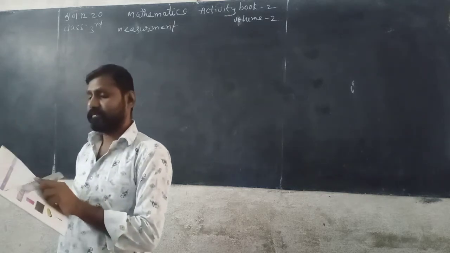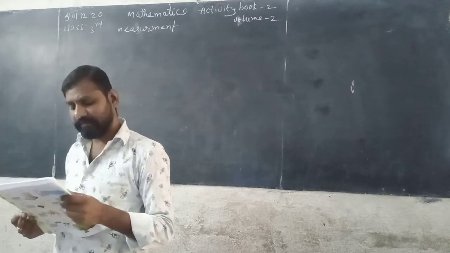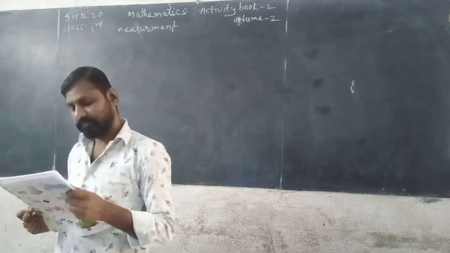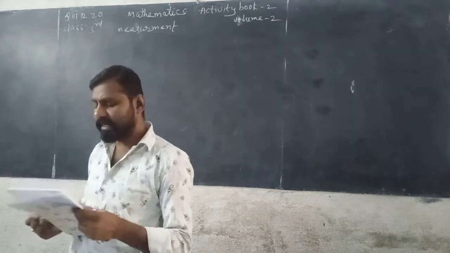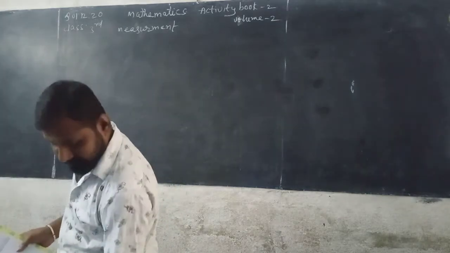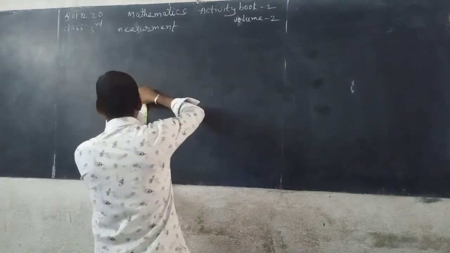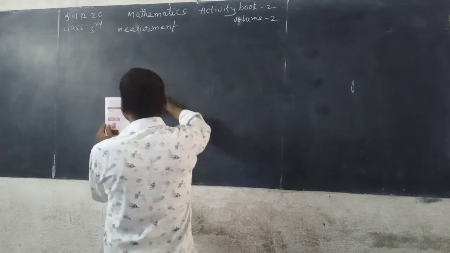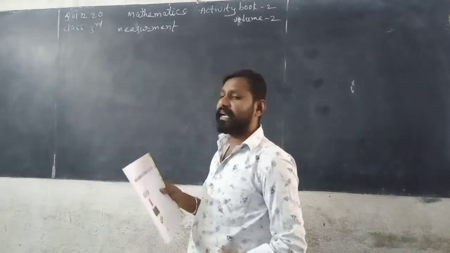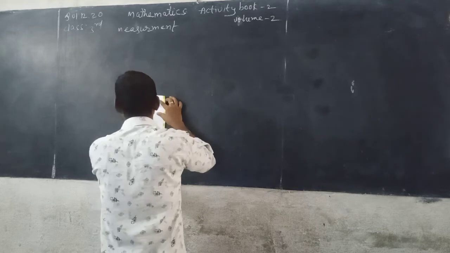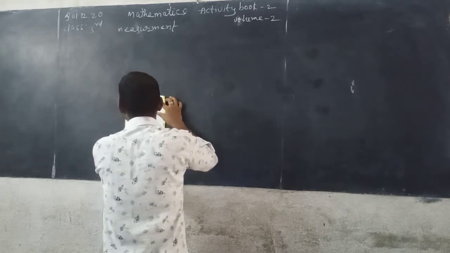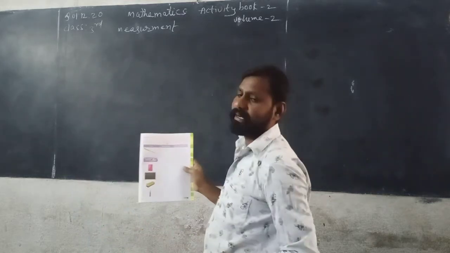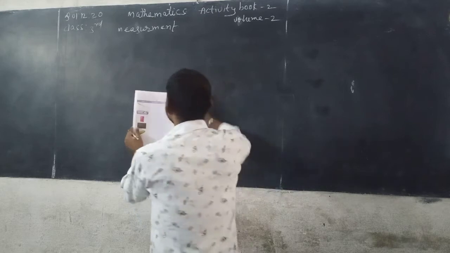So the actual length here is approximately 6 centimeters. The estimated length is 10 centimeters. So what is the difference here? 10 centimeters minus 6 centimeters, 4 centimeters. You can draw it like this.